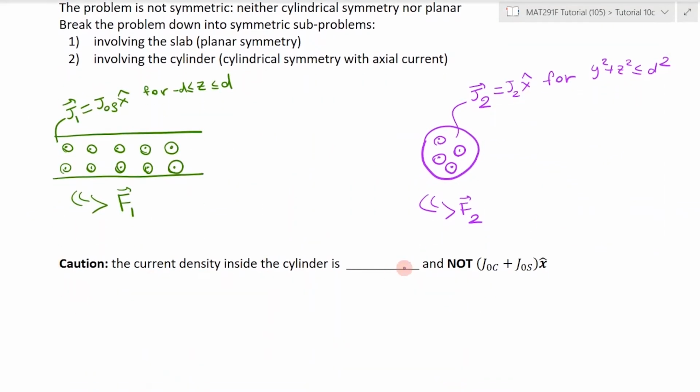Here, J2 is not equal to J naught C. The reason why is this. If we make J2 equal to J naught C, then inside of the cylinder's volume, when we add the two current densities together, we will get this.